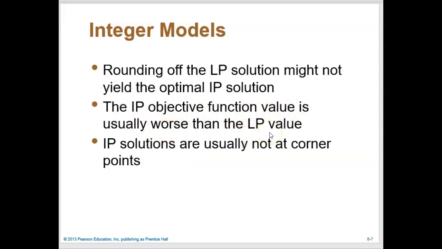What that statement means is, let's say you're solving a minimum cost problem where the objective is to minimize total cost, and the optimal solution that the LP model gives you is a minimum cost of $4,000 with the given resources available. Now, if you solve the same model as an IP model, the objective function value will be at best equal to that LP value, or it could be worse.